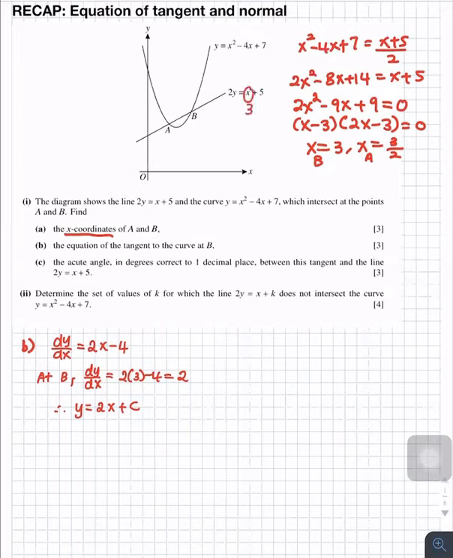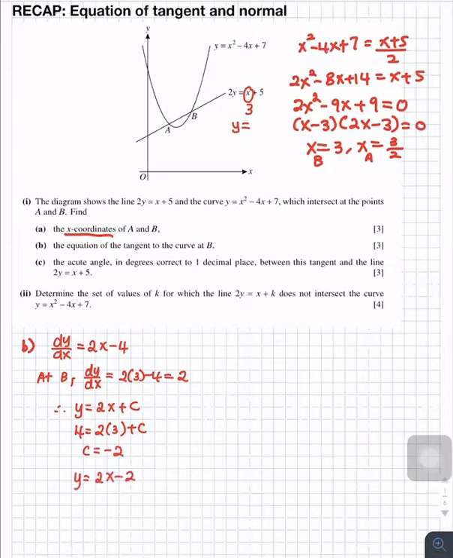Put 3 into this, what is your y? 3 plus 5 divided by 2, what do you get? 4. Yeah, 4. Okay, that is the equation of the tangent, done.